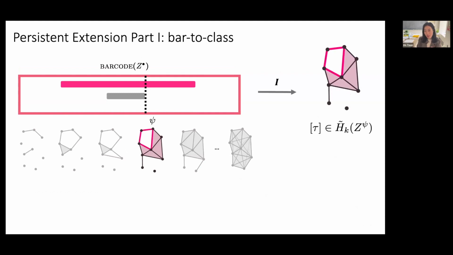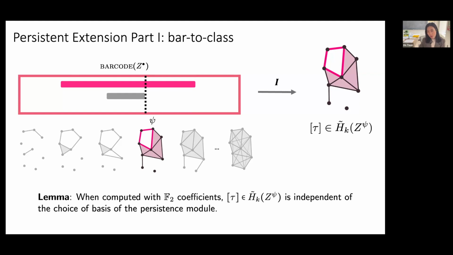Then we find a homology class that represents this bar at that specific simplicial complex. We choose the parameter immediately prior to the death time of the bar because this is the point where my simplicial complex has as many simplices as possible without trivializing the cycle, so it has as many cycle representatives representing the same bar.